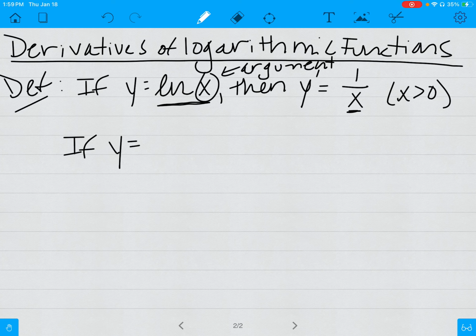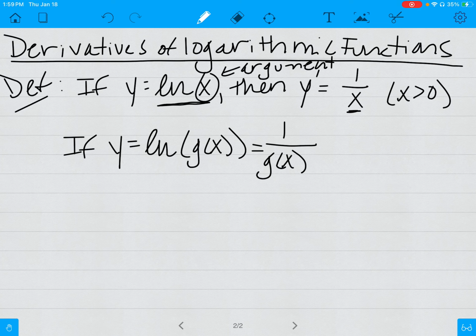It says if we have the natural logarithm of a function of x as the argument, so not just x, but an actual function of x, then that would be 1 over the argument, just like our above definition. But since the argument is a function itself, we have to use the chain rule to multiply by that function's derivative.